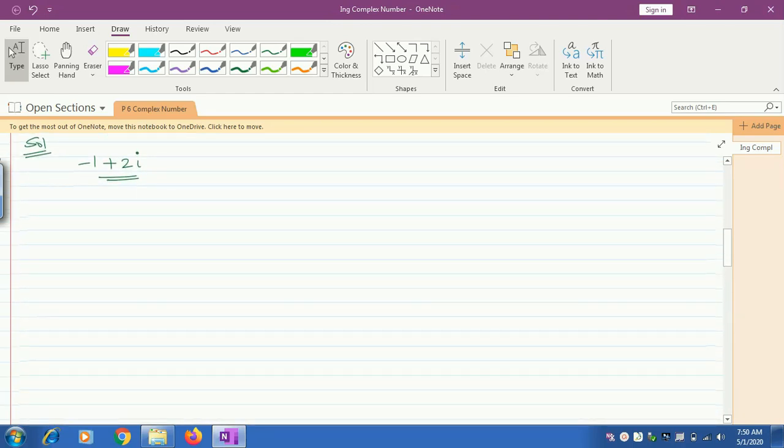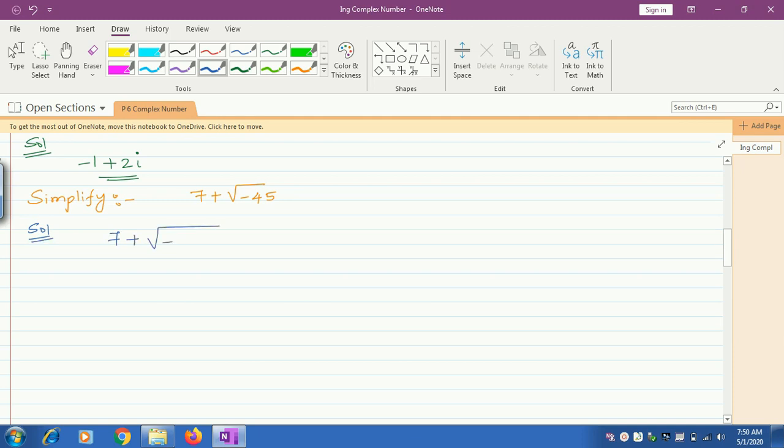Now we will go to the addition of complex numbers. Before that, there are some problems given as numerical values, and you have to write them in this format. 7 plus root of minus 45, simplify as a complex number. How will you simplify this? 7 remains the same, and minus 45 is given.